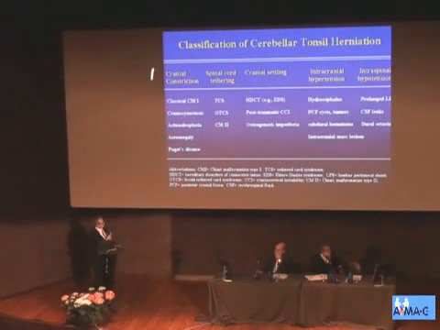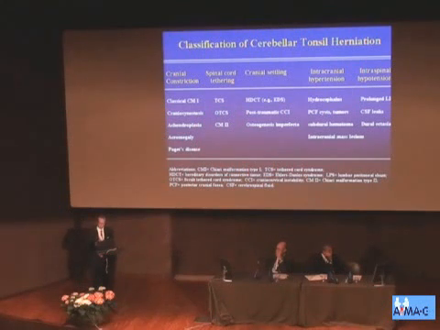What they share in common is cranial constriction. So it's possible that the primary mechanism of cerebellar tonsil herniation in patients with cranial constriction is simply that. It's a disproportion of the compartment size and the tissue within it. That's one possibility. The second involves the subject of spinal cord tethering.